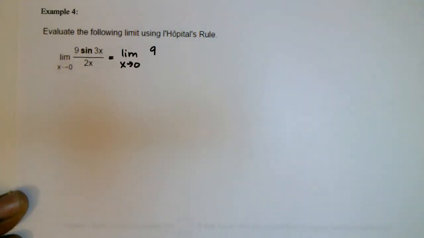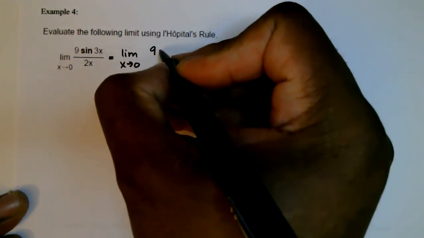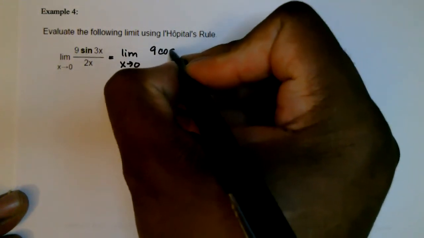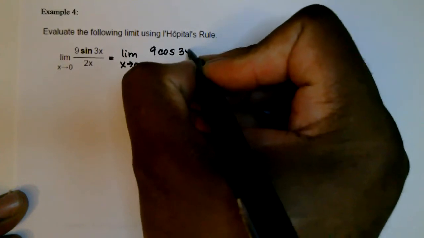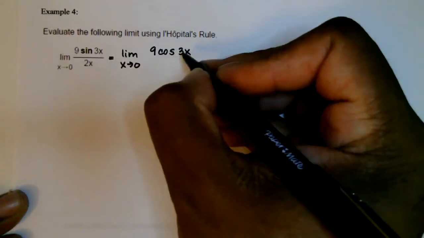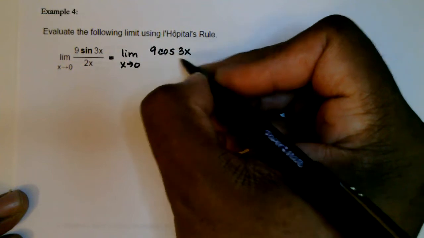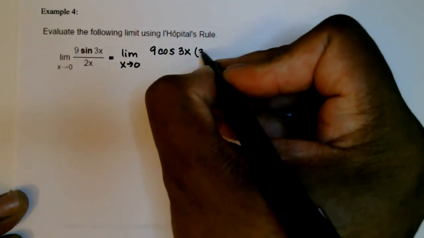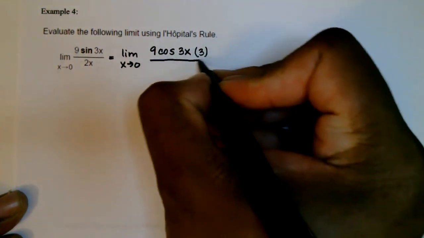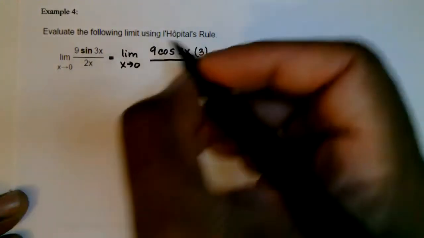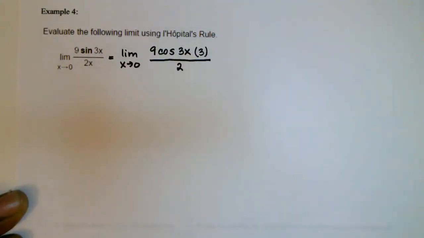The derivative of sine of 3x: if you recall, the derivative of the sine is going to be the cosine of 3x, but we got to use the chain rule by taking the derivative of 3x, which is 3. All that's divided by the derivative of 2x, which is 2.